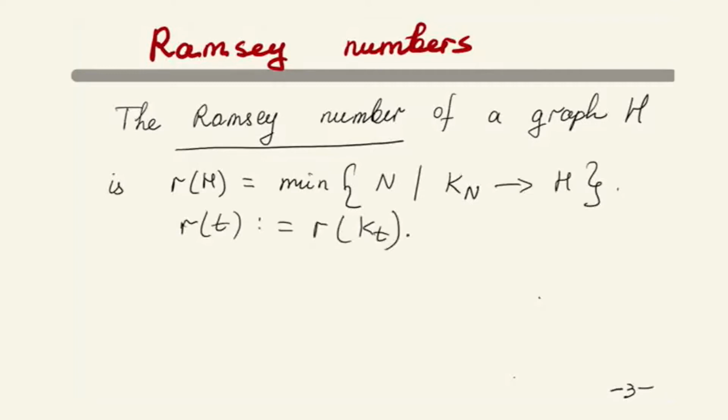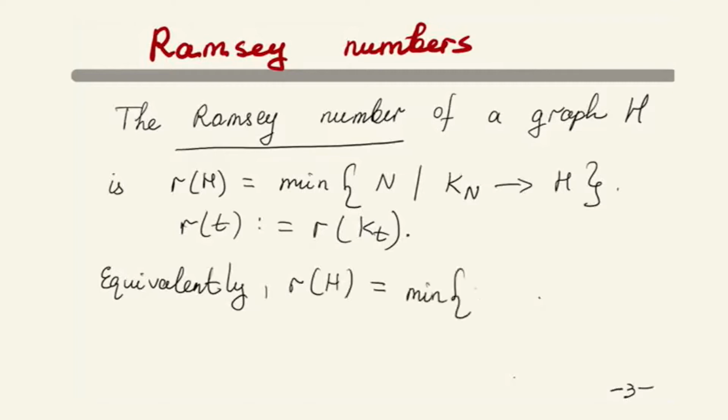Actually, you can also equivalently define the Ramsey number of a graph H to be the minimum number of vertices in any graph G such that G is Ramsey for H.